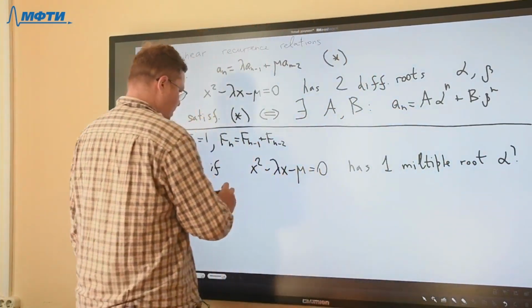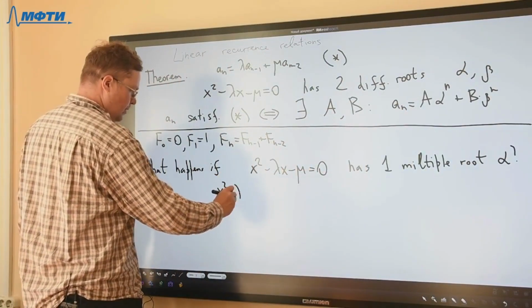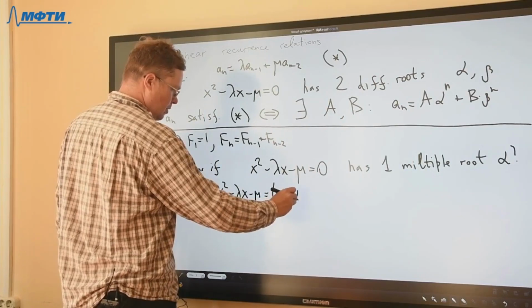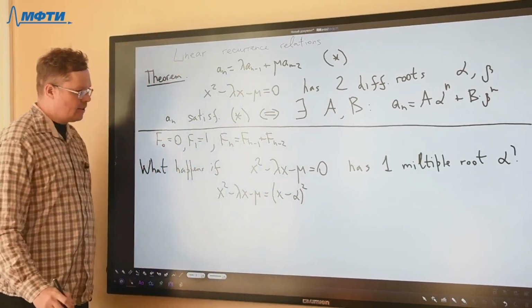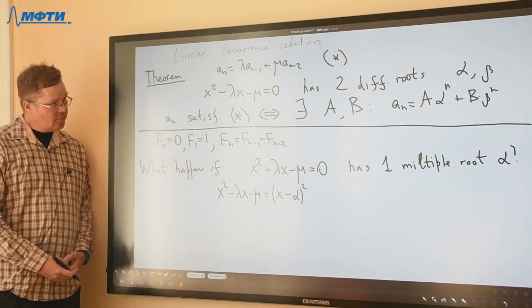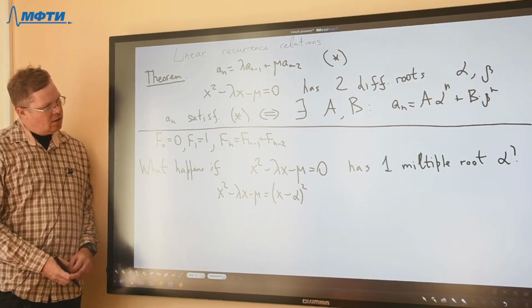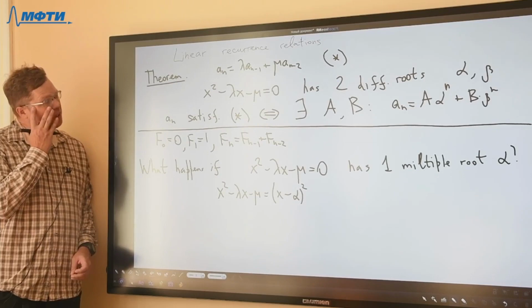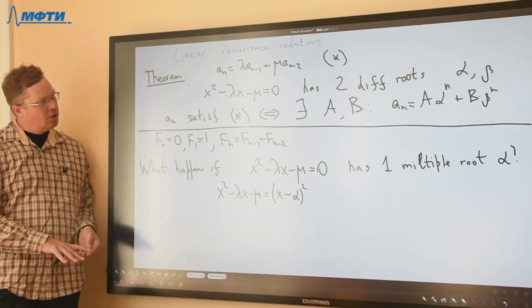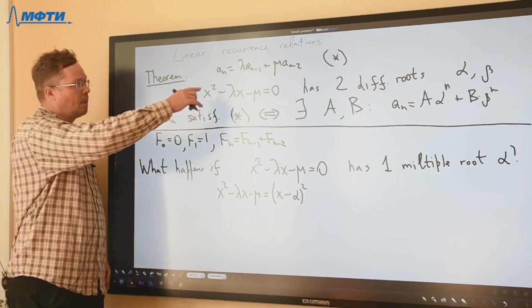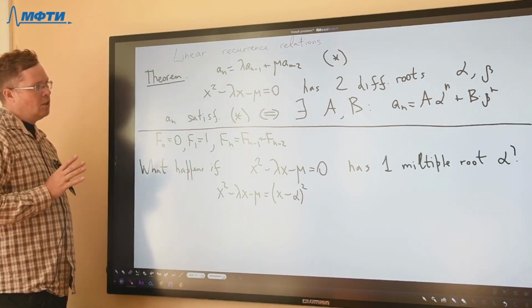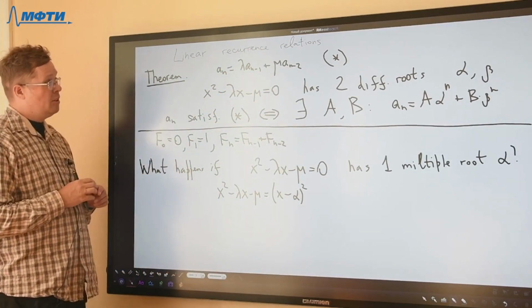So it means that x squared minus lambda x minus mu is equal to (x minus alpha) squared. I already mentioned that if we look at all solutions of linear recurrence relations, they form a two-dimensional linear subspace.